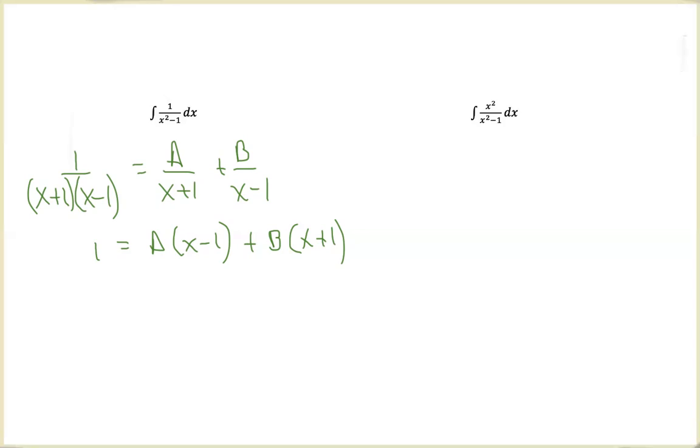Now what you want to do is be clever about picking some x's that get rid of either the a or the b so that you can figure out the other one that's left. So let x equal 1. What you end up with is that b equals 1/2.